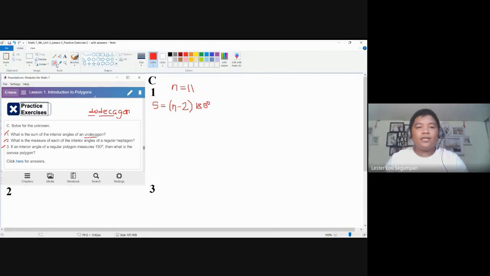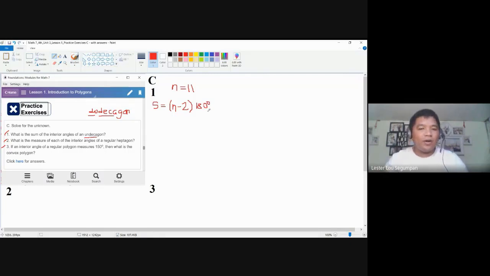If you are not yet convinced, you can go back to our module, because we used a pattern to determine the sum of the interior angles of a polygon. We started with a triangle, quadrilateral, pentagon, hexagon, and so on, and we came up with this formula.